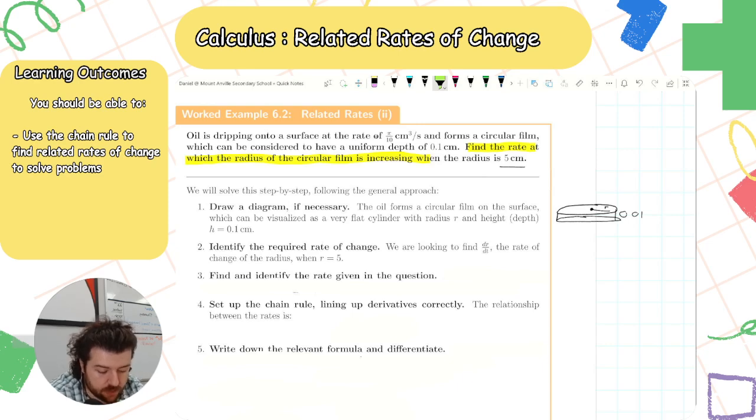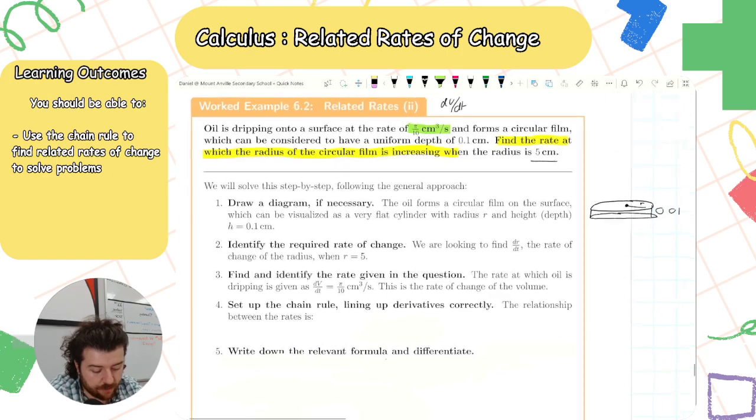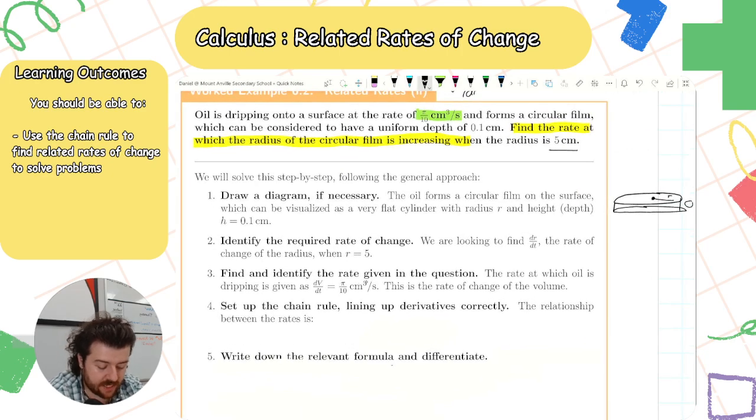Oil is dripping onto a surface at a rate of π/10 cm³ per second. So the volume of this mini cylinder is changing at π/10 cm³ per second. So the rate at which the oil is dripping is dV/dt, which is π/10 cm³ per second.